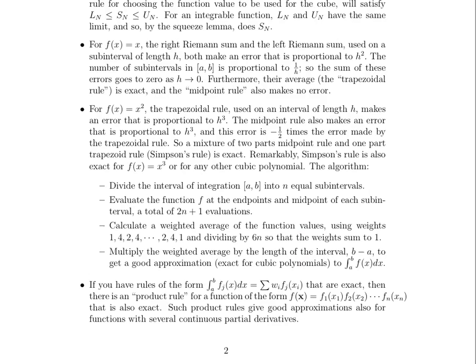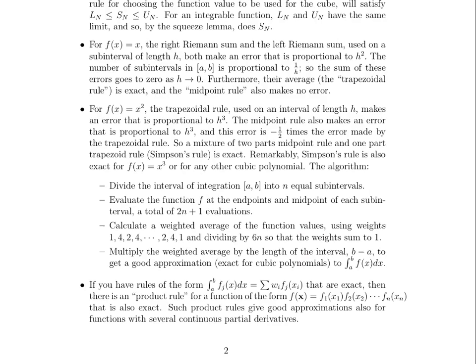What's even more interesting is their average, the trapezoidal rule, where instead of using the right-hand or left-hand endpoint, we use an average of the function values at the endpoints, is going to be exact. And the midpoint rule with this function, where instead we use one evaluation point right in the middle of the interval, will also make no error.